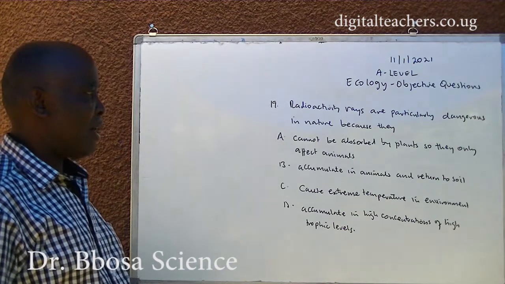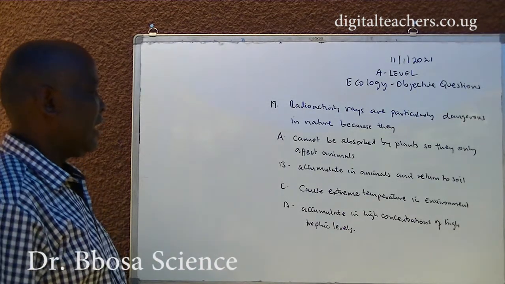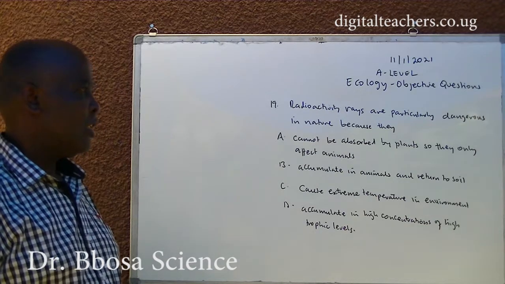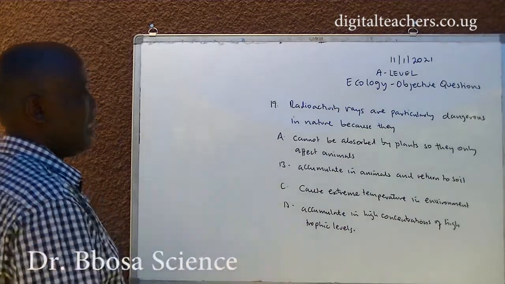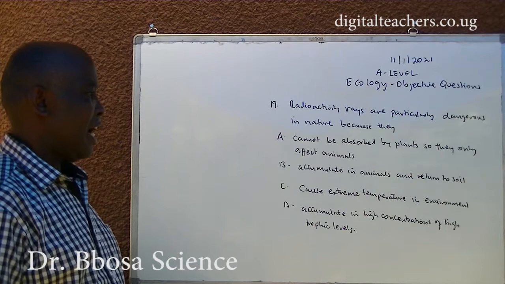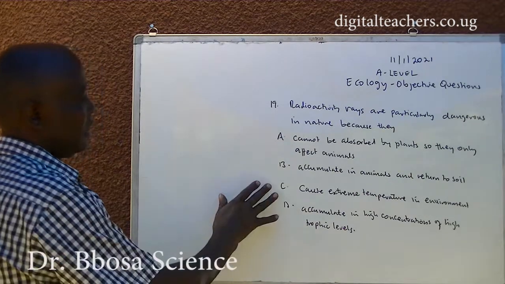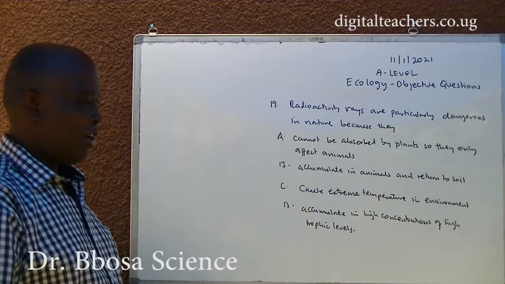Number 19. Radioactivity rays are particularly dangerous in nature because they A. cannot be absorbed by plants, so they only affect animals. B. accumulate in animals and return to soil. C. cause extreme temperature in environment.